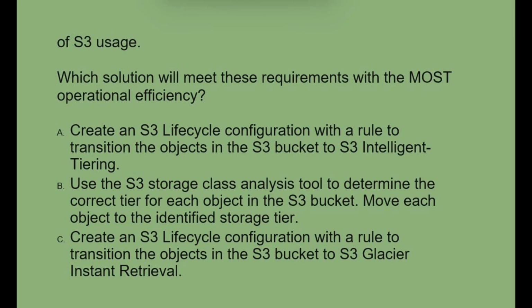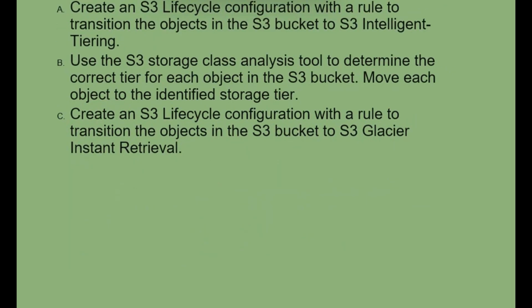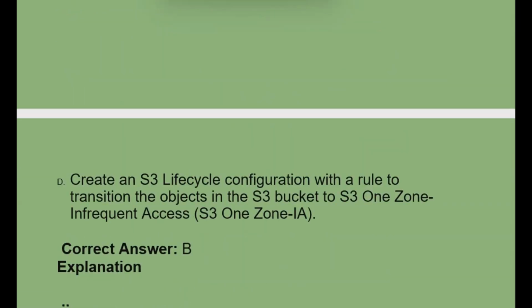Option C, create an S3 lifecycle configuration with a rule to transition the objects in the S3 bucket to S3 Glacier Instant Retrieval. Option D, create an S3 lifecycle configuration with a rule to transition the objects in the S3 bucket to S3 One Zone-Infrequent Access, S3 One Zone-IA. Correct answer is option B.